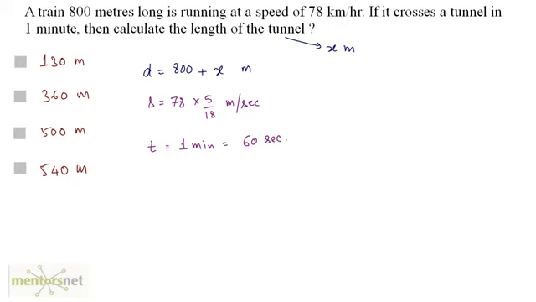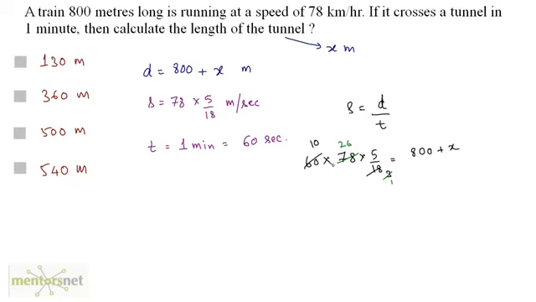Now we have all our units sorted out. We can put these terms in the formula. Speed is equal to distance upon time. Speed is 78 into 5 by 18, equal to distance 800 plus x upon time, which is 60. So we can multiply the left hand side by 60, right? 6 times 10 is 60, 6 times 3 is 18, 3 times 1 is 3, and 3 times 26 is 78.